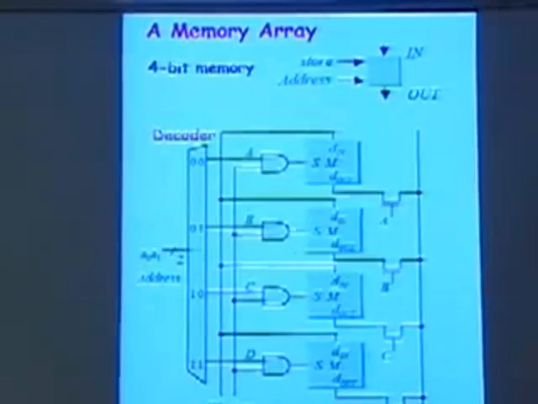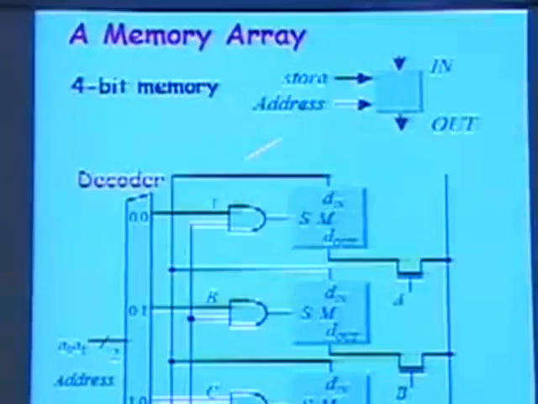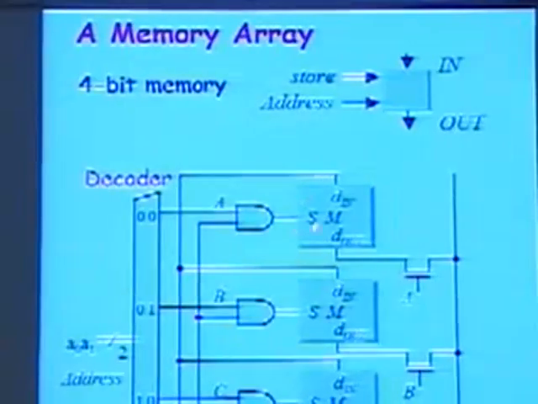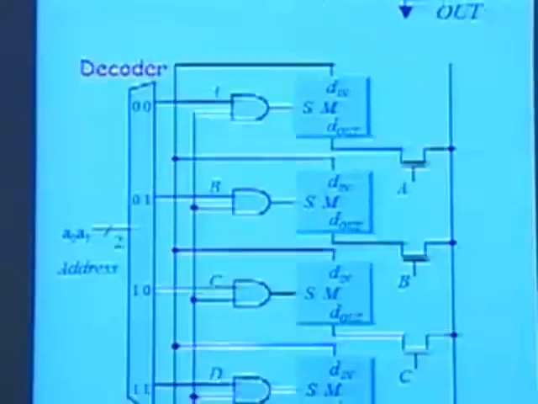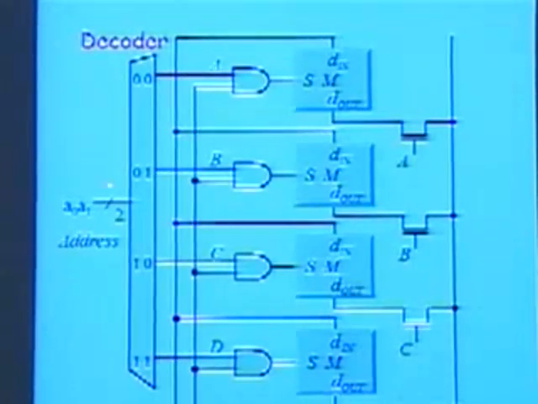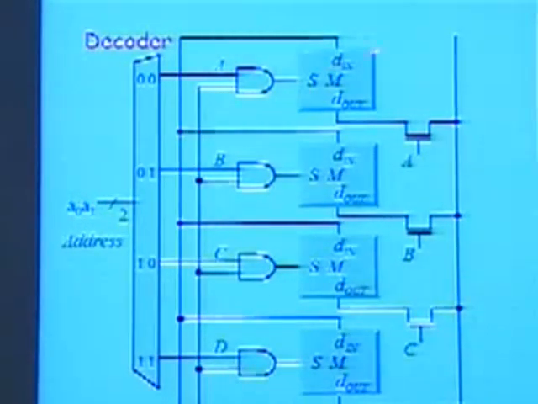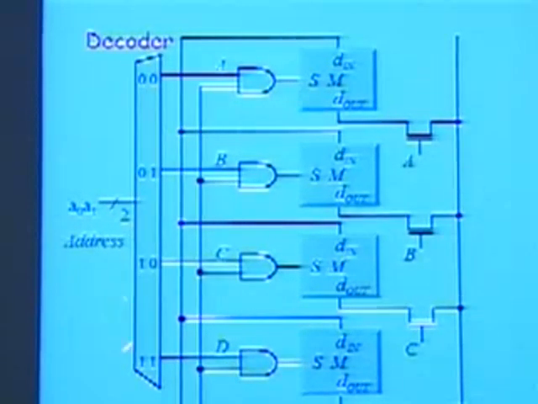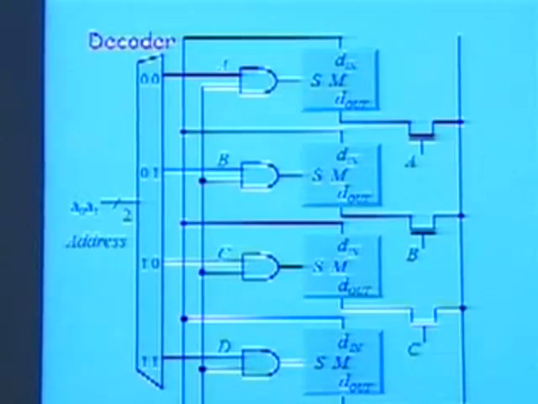And you can see the memory cells that we were discussing here. There are 4 of them, so this is a 4-bit memory. There's a decoder at the beginning here which decodes the address of each cell. So the input here will tell me which cell I need to address.